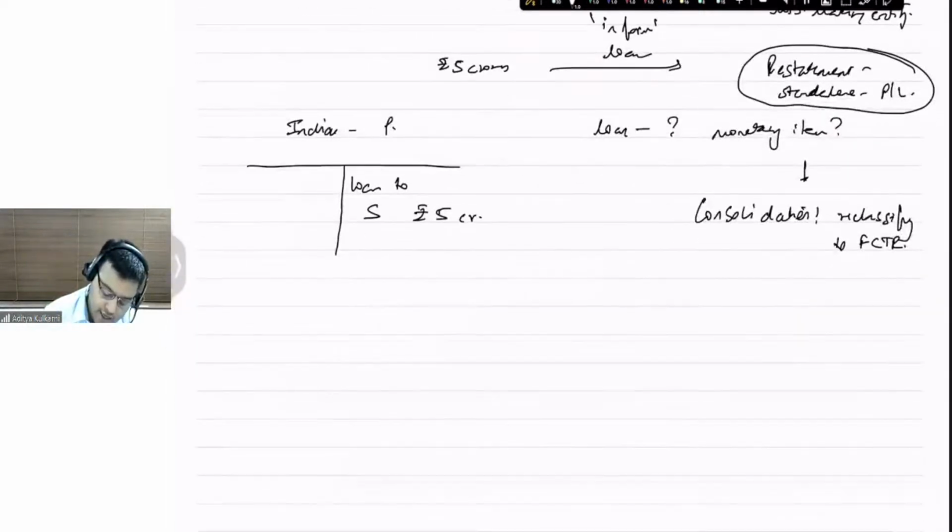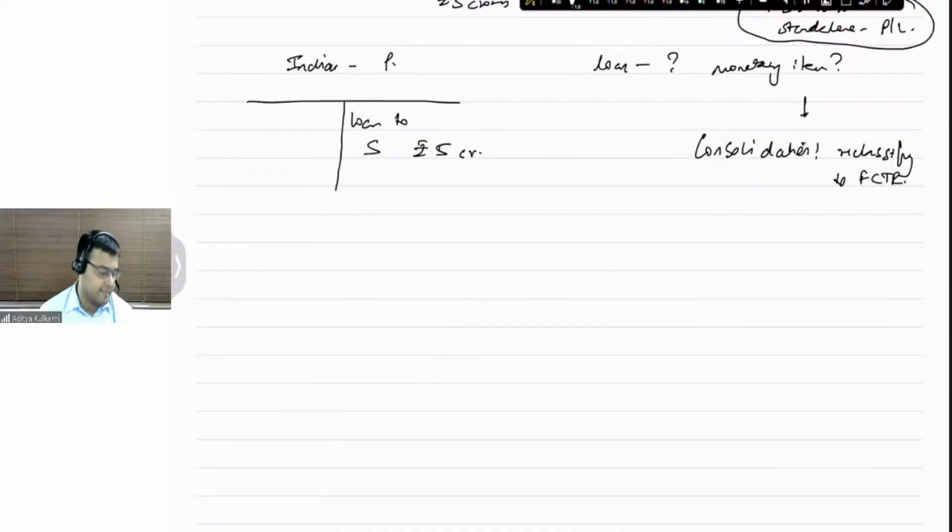Okay. So now coming back to our exam, coming back to the discussion, we could be having certain cases where transactions like debtors, loans, etc. have been given the form of a short-term receivable or payable, but in reality, it appears to be that of an investment. To isko hum log bolte hain net investment in foreign operation.